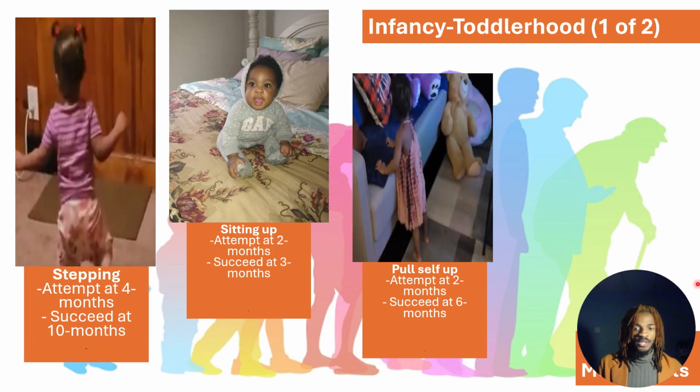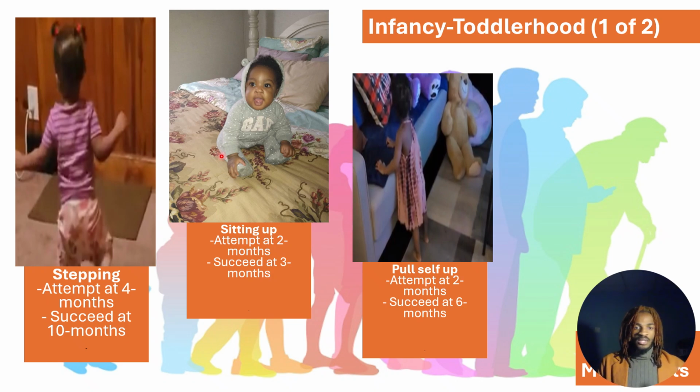So next are the involuntary movements of the infant, of the child. The child began to walk at the age of 10 months, and she attempted to do that at 4 months.